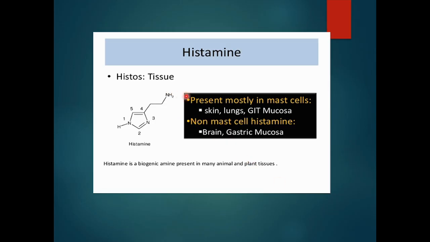So histamine was first discovered by Sir Henry Dale and recognized in the 1920s as a major pathogenic mediator of allergic disorders. And histamine is a biogenic amine which is present in many animal and plant tissues.